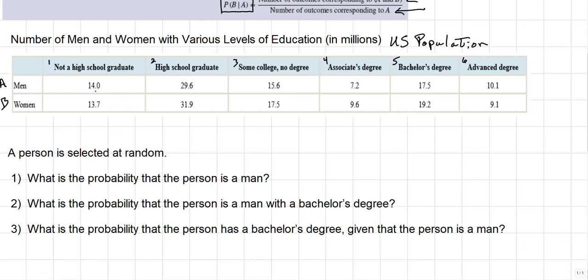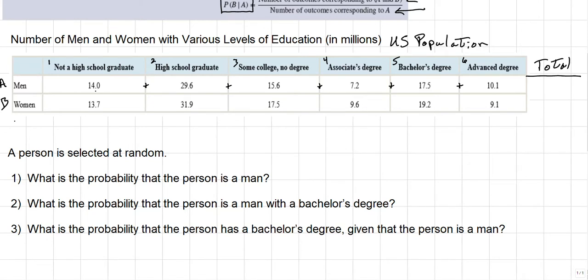Now, in order to fully be able to find the conditional probabilities, what you need to do is sum each column and then sum each row. When I talk about summing the row, I'm simply going to add these values together. Then I'm going to add another part of the table. Let's call it total.